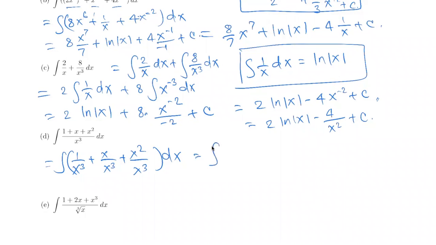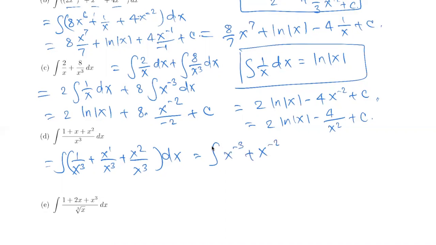Let me simplify. 1 over x cubed is the same as x raised to negative 3. I'm writing in this way so that I can apply the power rule. And x over x cubed, when you simplify, x has 1 copy on the top and 3 copies on the bottom, you cancel 1 copy from top and bottom, 2 copies left on the bottom, and move up, that's x to the negative 2.